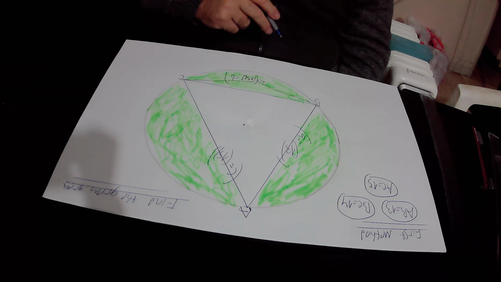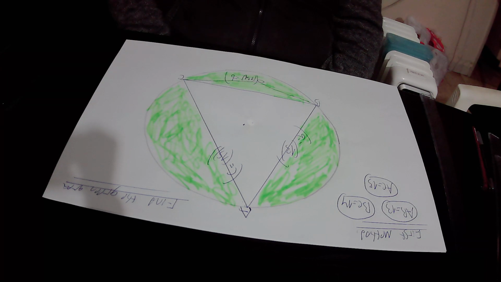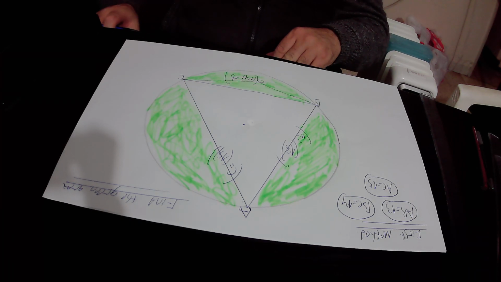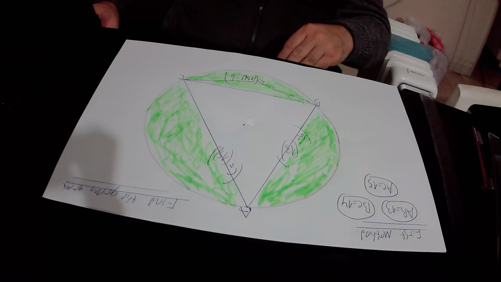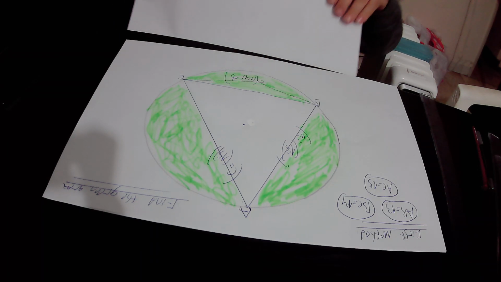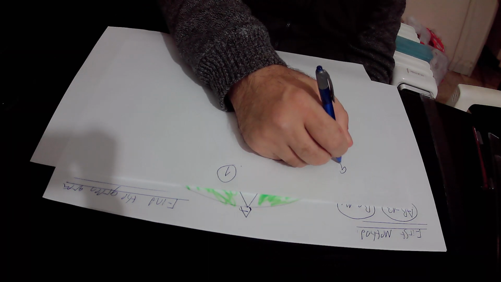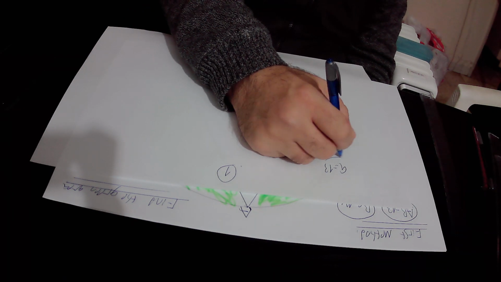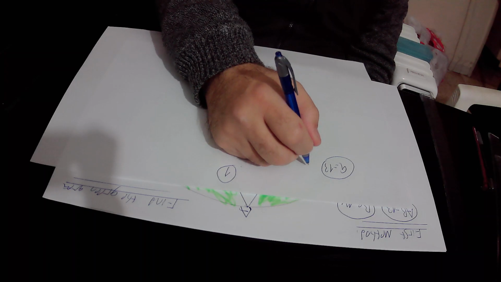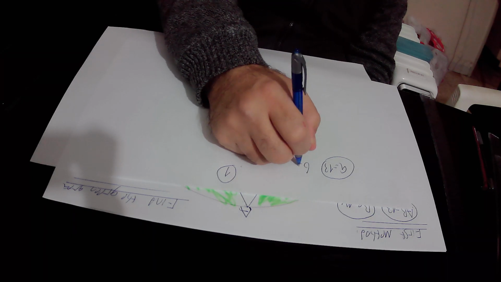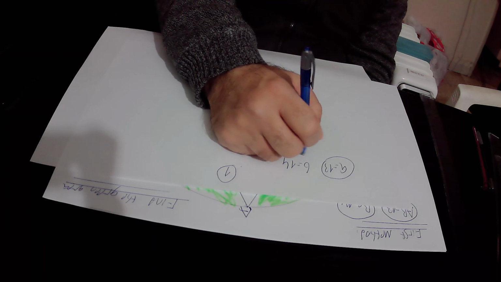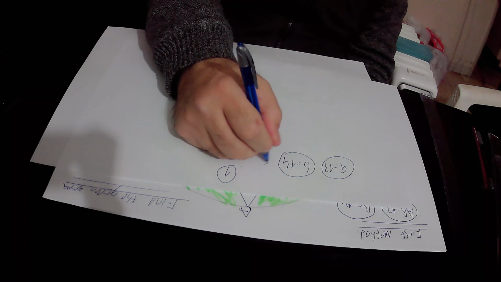C equals 15. So I write it down. According to our definition, A equals 13, B equals 14, and C equals 15.